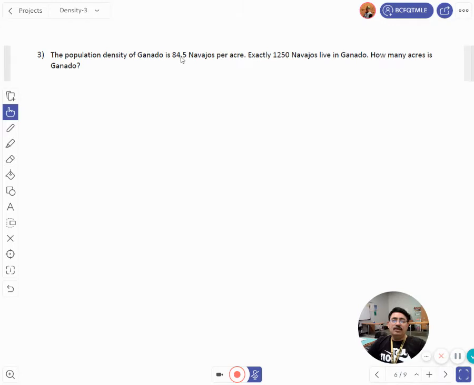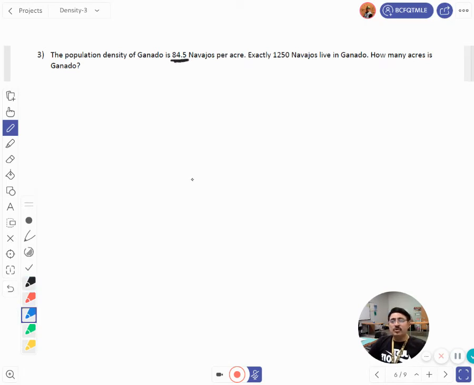Again, these numbers, whatever you see, I just cooked up a story or kind of question, so the numbers may not represent the actual statistics. So here, the population density of Ganado is 84.5.